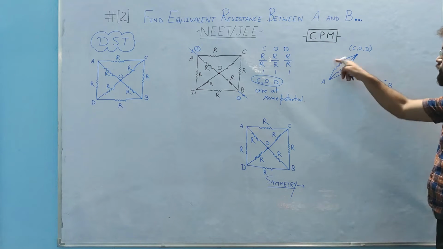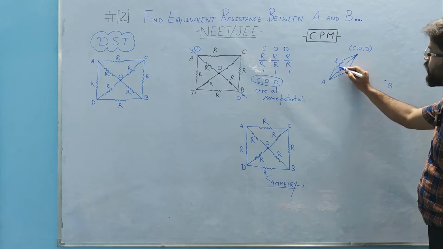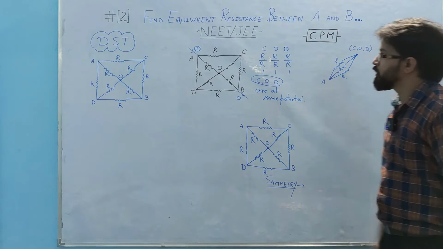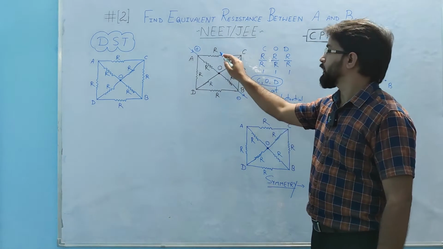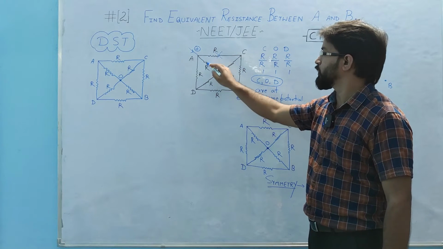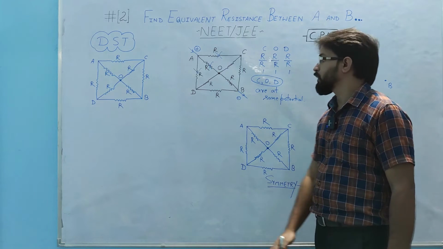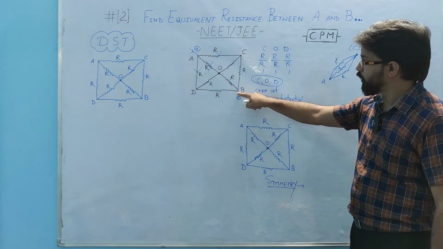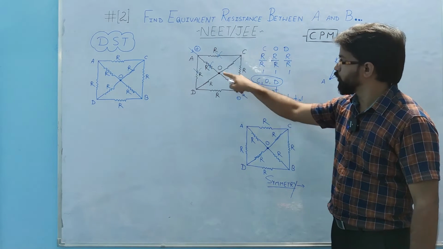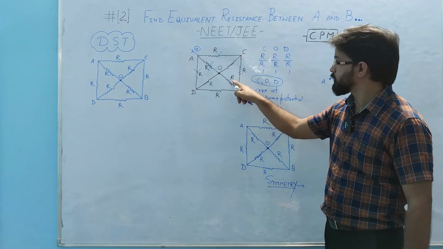They are in parallel combination. All three are R. Which branches have we used? Start cancelling them. A to C we have used, A to O also, A to D also. Then the same exercise we will do with point B: B to C, B to O, B to D. One resistor, second, third.